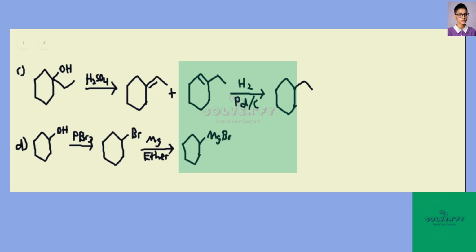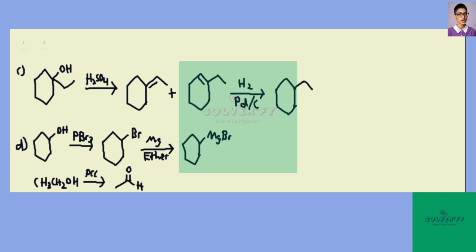Okay, and so now to make the other part of this molecule, I'm going to take ethanol, and I'm going to oxidize the ethanol with some PCC. And so that is going to give me this aldehyde, acetaldehyde.